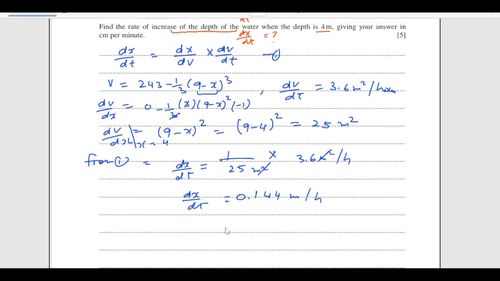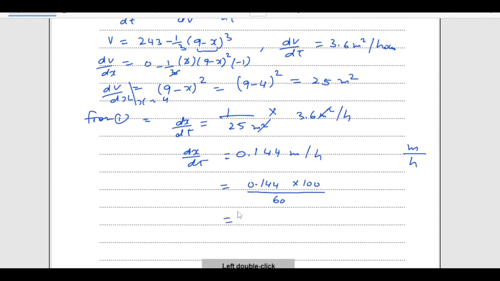But the question asks for the answer in centimeters per minute, so we will change this. So 0.144 times 100 for meters to centimeters, divided by 60 for hours to minutes. When you calculate this, it is 0.24 centimeters per minute. So this is our dx over dt, and that is the answer.